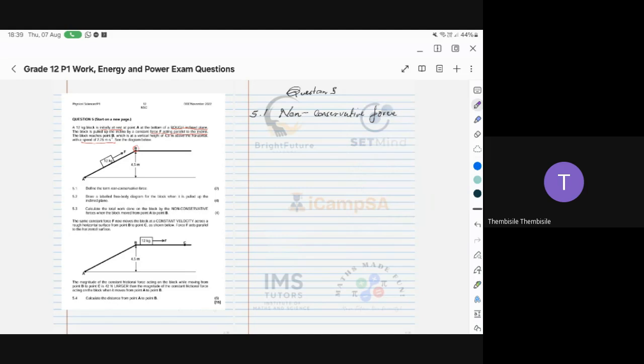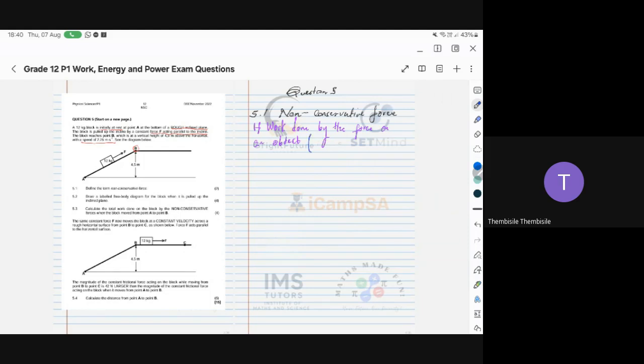So a force is a non-conservative force if the work done by this force on an object depends on the path taken. We're talking about work here. We know that work is done when an object moves between 2 points, so the object has displacement.